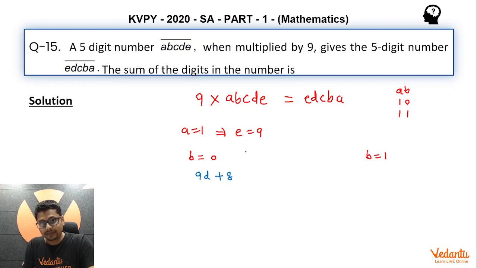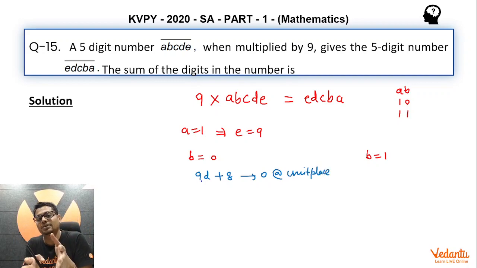9 times D plus 8 should be giving you 0 at the so-called unit place. Isn't it? Because D is supposed to be a digit between 0 and 9.